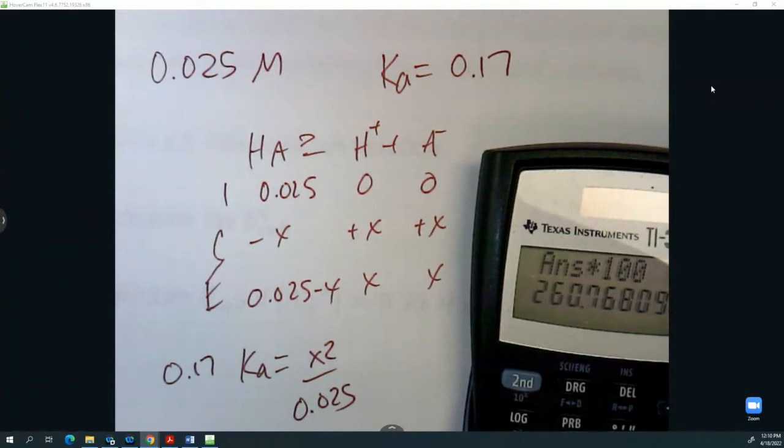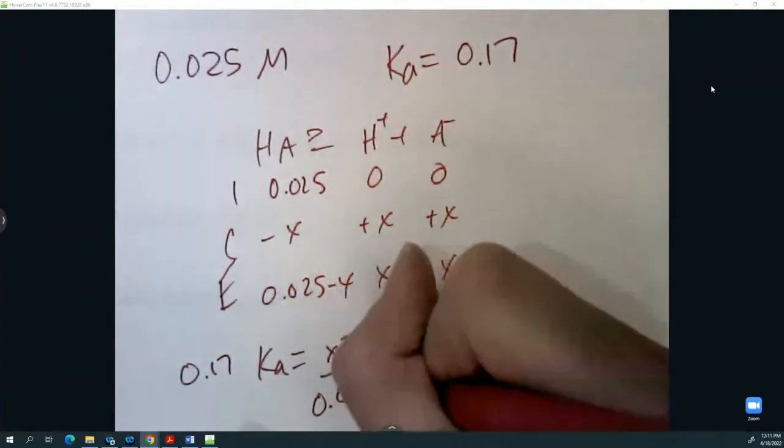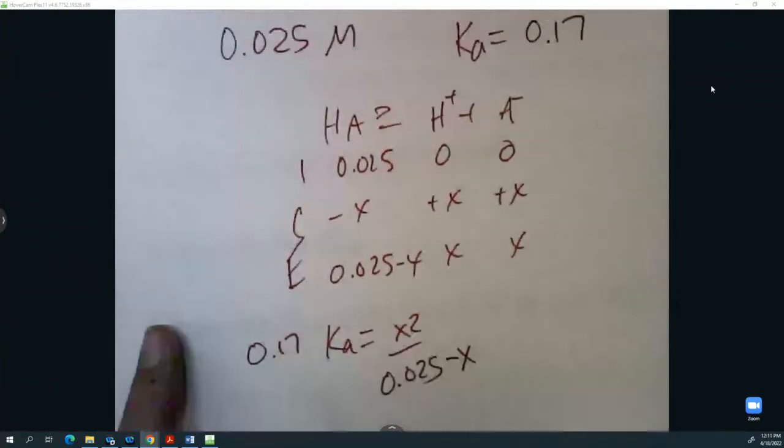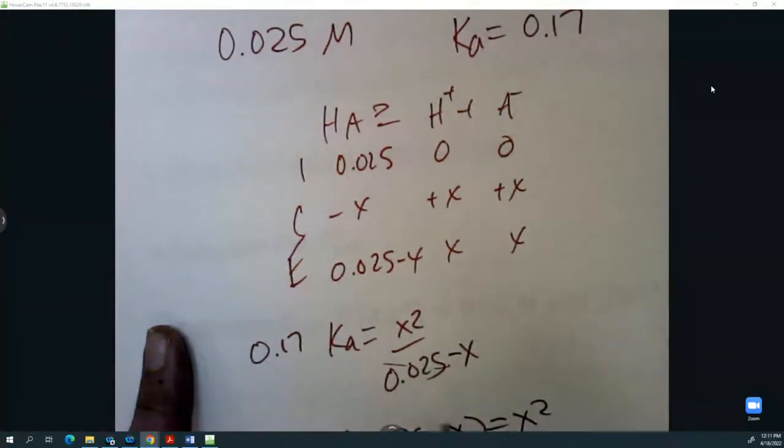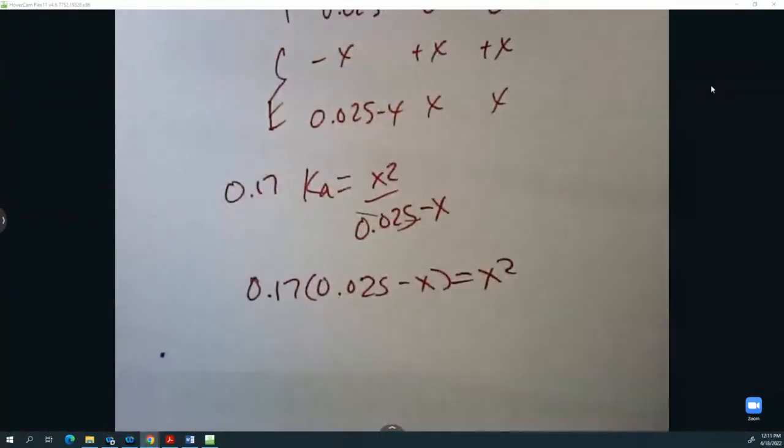Well, it was weird, and that's why I don't know if I was doing it right, because when I did it, I got a pH of 1.65, but the answer says 1.2. Yeah, so what it would look like is you'd have to do like this, 0.17, and then you divide it, and then you get your thing.